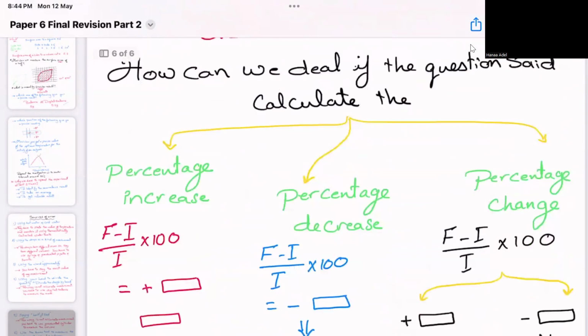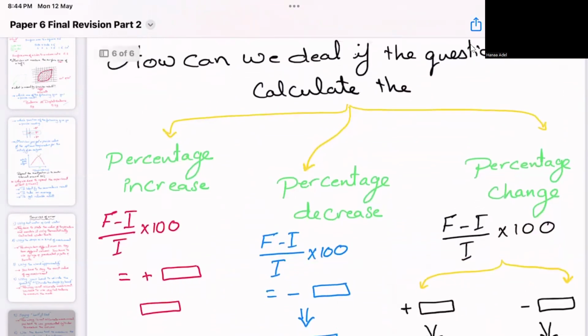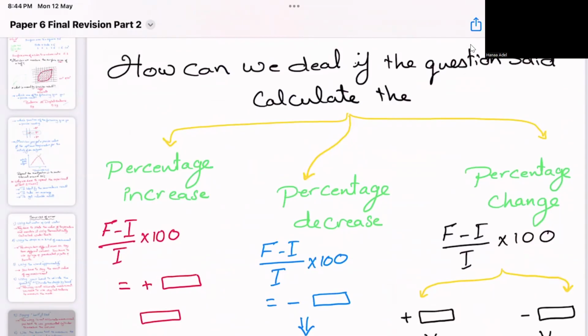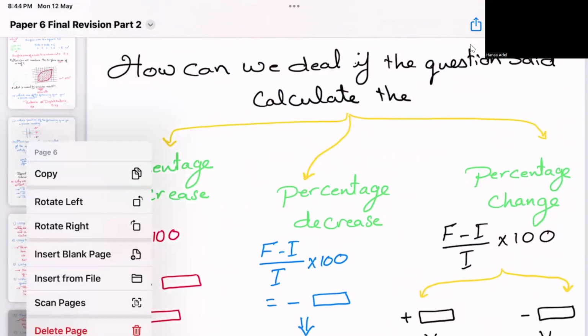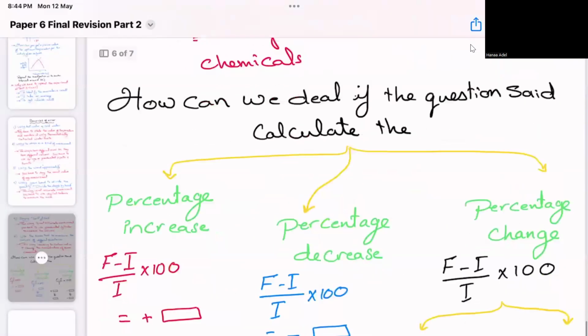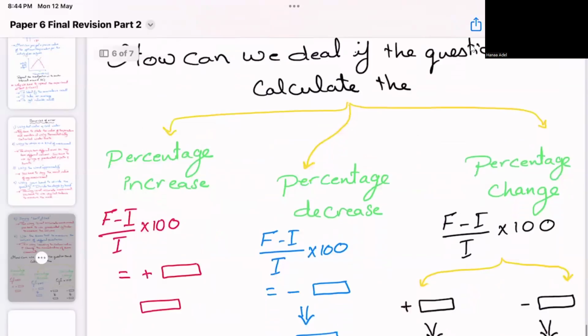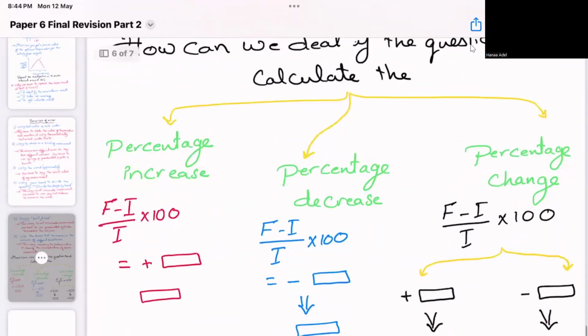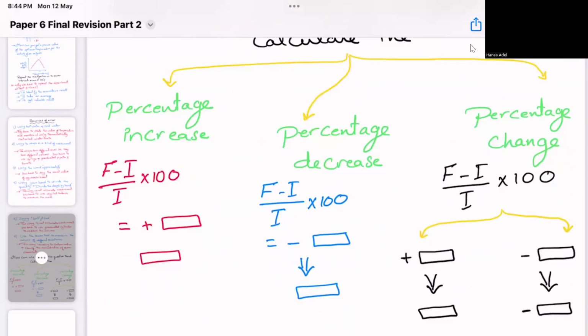If we want to calculate the percentage increase, decrease, or change, we can use the rule: final minus the initial, divided by the initial, multiplied by 100. In all cases, we will use the same rule.